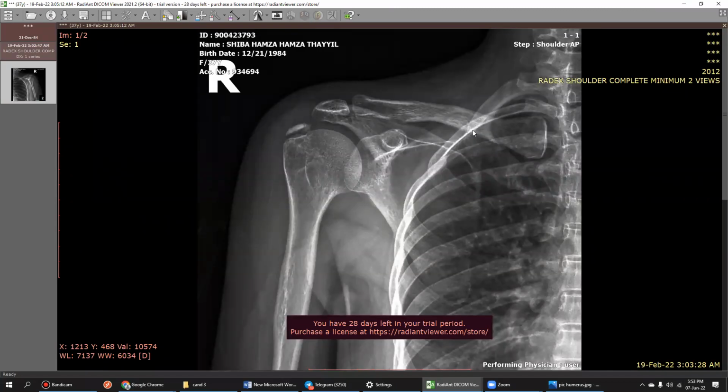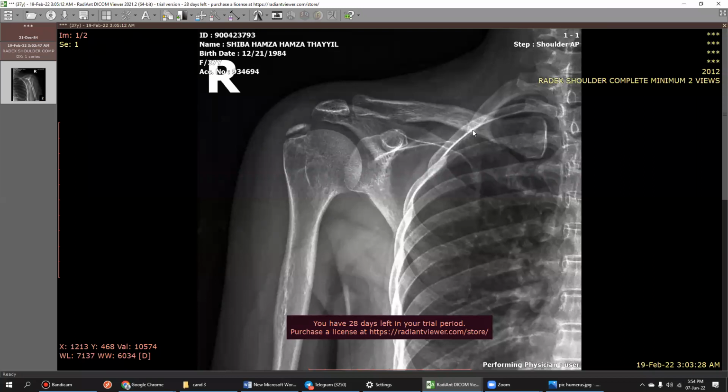I'm provided with the frontal projection of the right shoulder. I could appreciate a calcification adjacent to the greater tuberosity, along the insertion of the supraspinatus tendon. Rest of the joint space appears unremarkable.